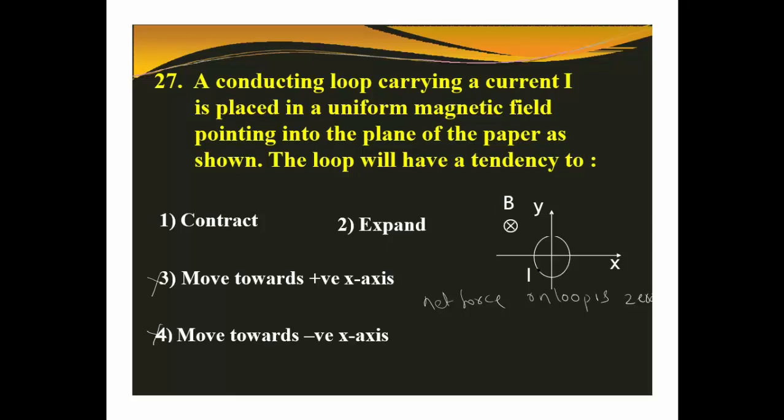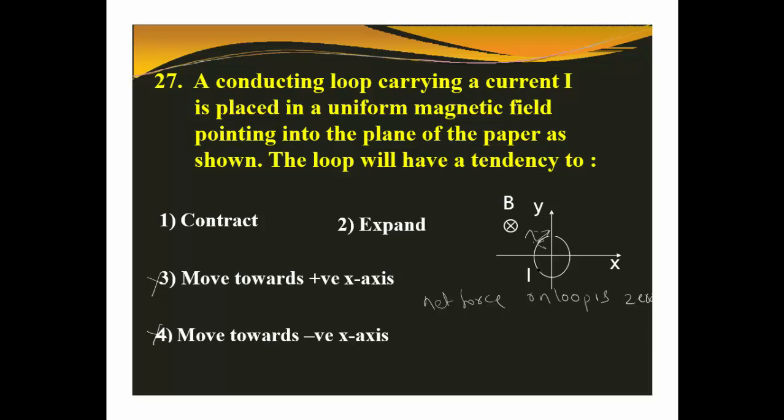The net force due to this perpendicular magnetic field will be 0. Now if you take a small portion of the current element and apply Fleming's left hand rule, the current is like this, the magnetic field is inward, and the force will be like this.